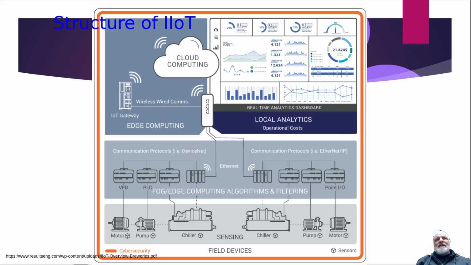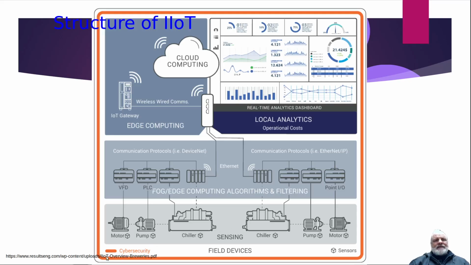All right, so let's look at IIoT here. The idea of IIoT is, down here at the bottom, we have what they call field devices. We're going to be doing various different tasks, and we're going to have motors that are driving pumps. Maybe these pumps are pumping heat out to make a chiller, to, I don't know, make ice cubes or something.